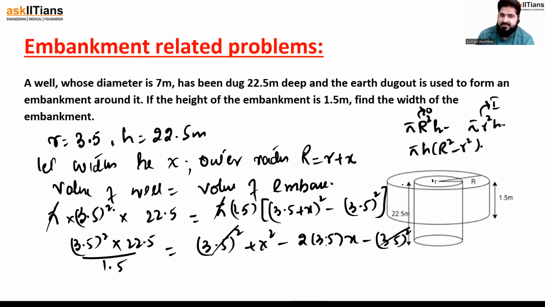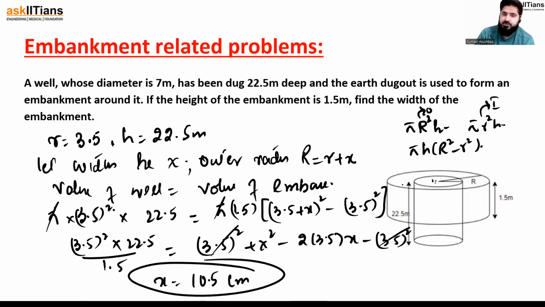This and this will be cancelled. This will be 7. After calculating, I will get x equal to 10.5 centimeter. So this is the width. If I need to find the outer radius, it will be the inner radius 3.5 plus the width.